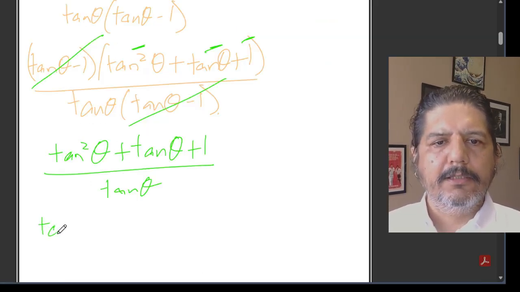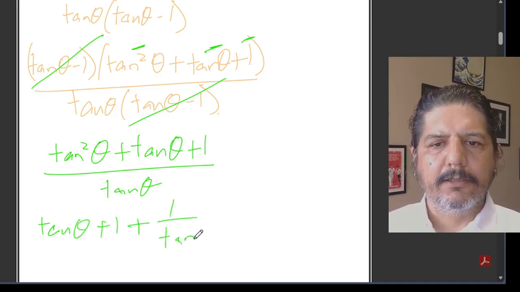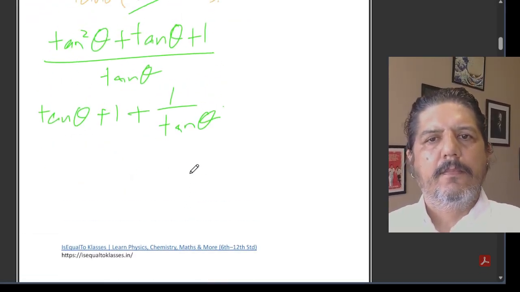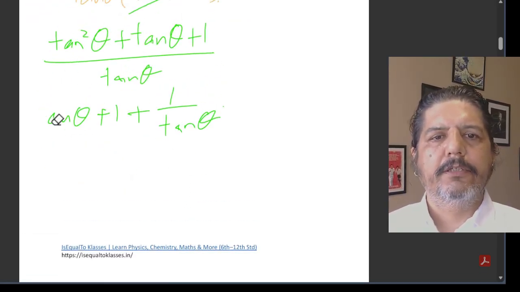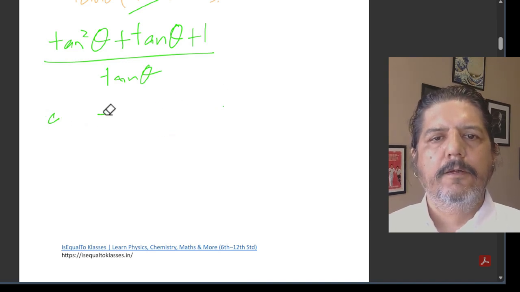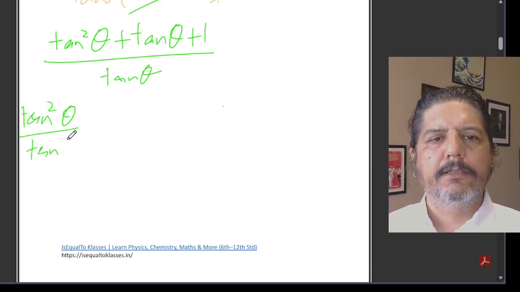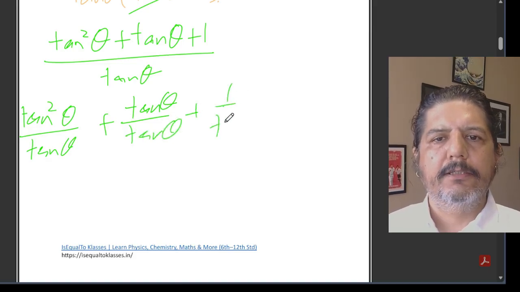So this can be written as tan theta plus 1 upon tan theta. Hope these steps make sense, because I've skipped a step. You can write this as tan²θ upon tan theta plus tan theta upon tan theta plus 1 upon tan theta.